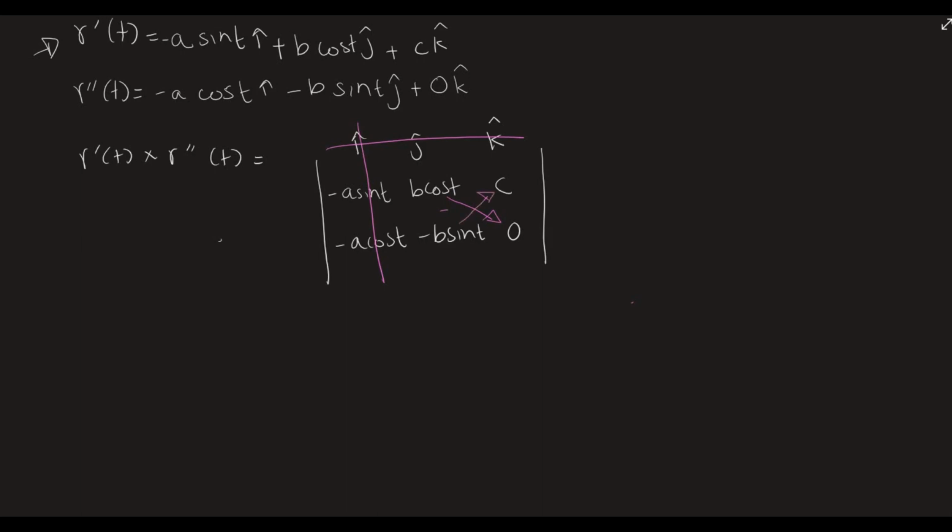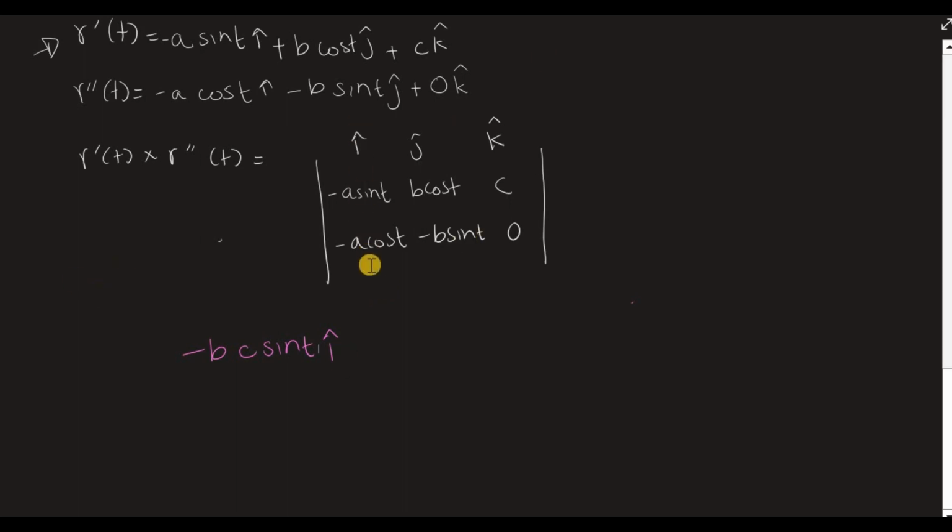This multiplied by this gives 0, and this times this is going to be negative bc sine t. So this will give us negative bc sine t i hat, because we crossed out the first row, that's why we put i hat.